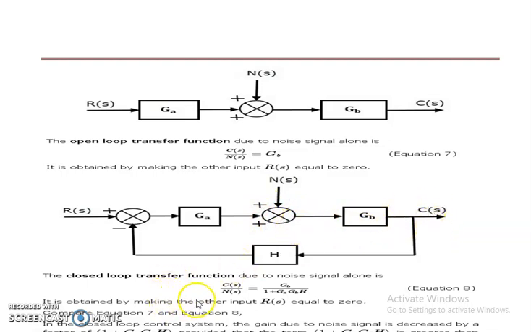The closed loop transfer function due to the noise signal alone is C(s)/N(s) = G_B/(1+G_A G_B H). It is obtained by making the other input R(s) equal to 0. Compare equation 7 and equation 8. In the closed loop control system, the gain due to noise signal is decreased by increasing the gain values.